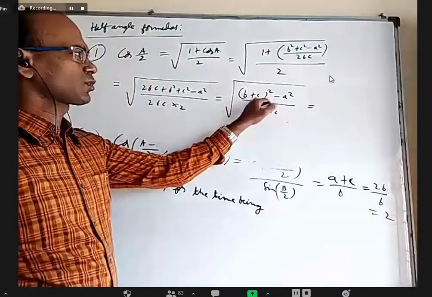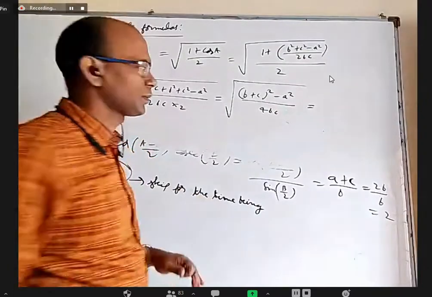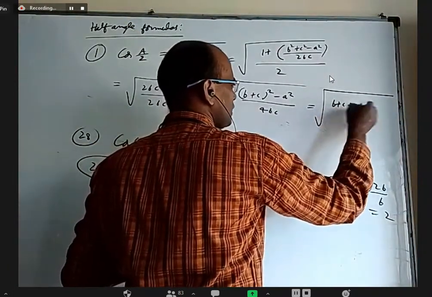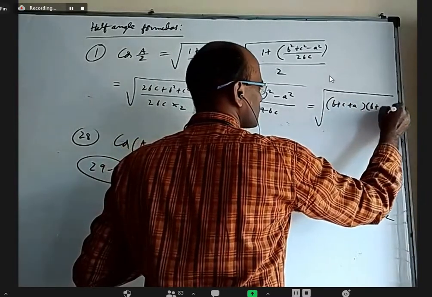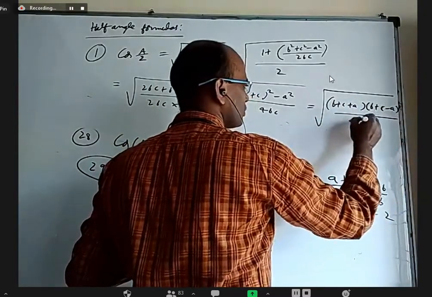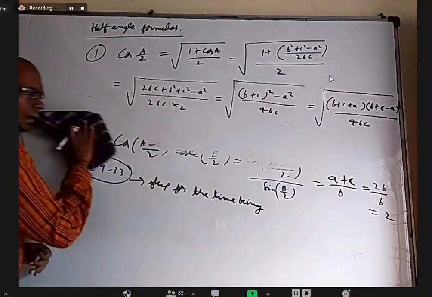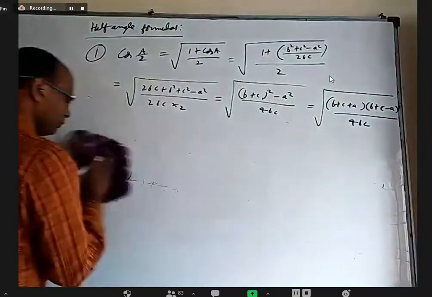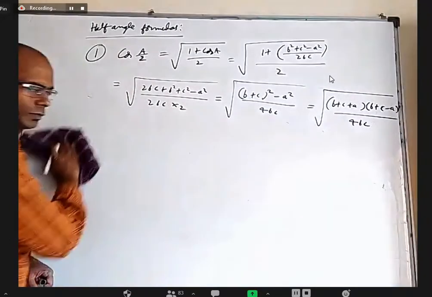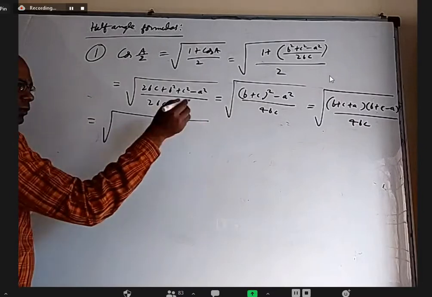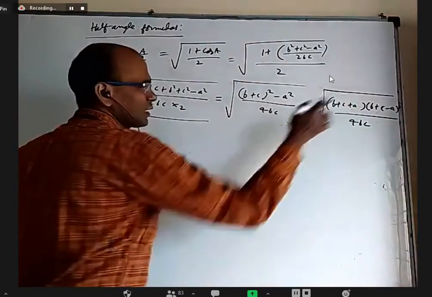This is like x square minus y square. I can write (x plus y) into (x minus y). It will be (b plus c plus a) into (b plus c minus a) by 4bc. A plus B plus C is actually the perimeter.